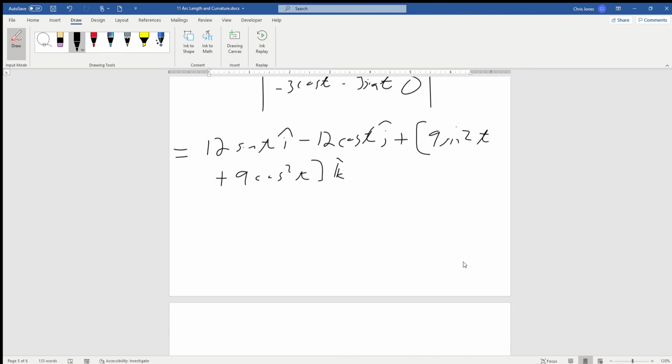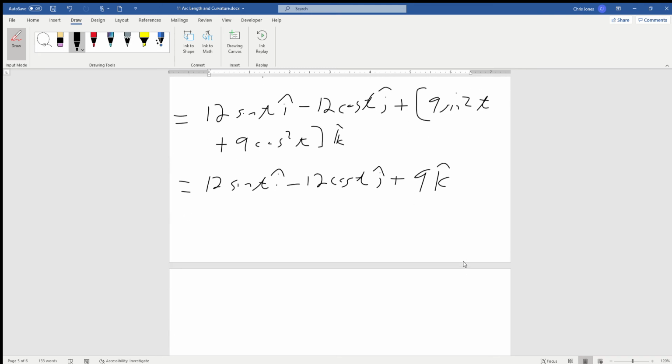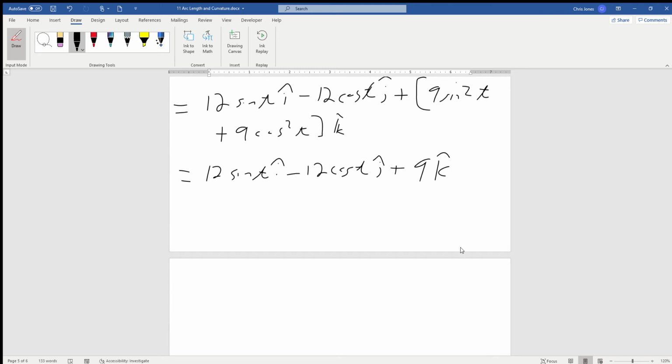Or we could just write this as 12 sin t i minus 12 cos t j, and then we have a 9 sin squared and a 9 cos squared, so that's just going to be 9k. All right, so let's hold on to that, and once we're done, we can find the magnitude of that. In fact, we should probably find the magnitude anyway at this point.